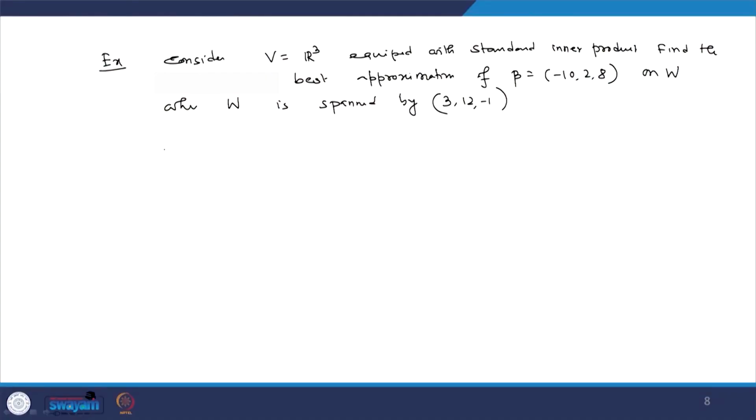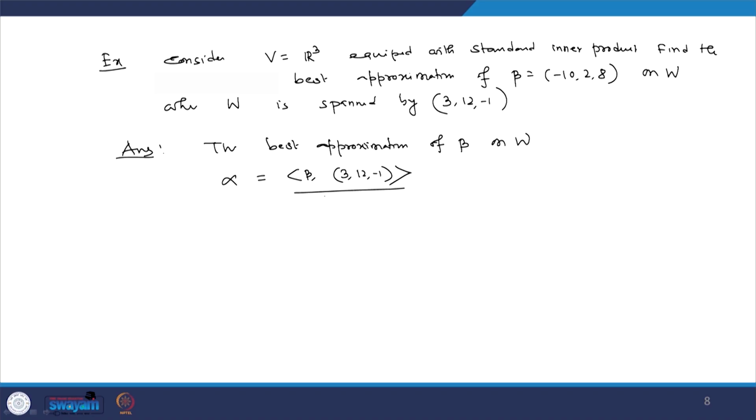So, in this case, according to the last theorem, the best approximation of beta on W is alpha, which is equal to the inner product of beta and the basis element of W, that is 3, 12, minus 1, divided by norm of this vector 3, 12, minus 1 whole square, times 3, 12, minus 1.